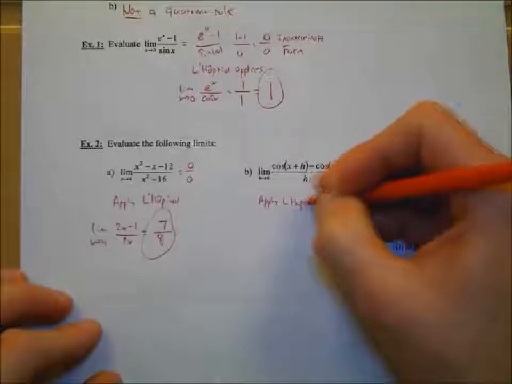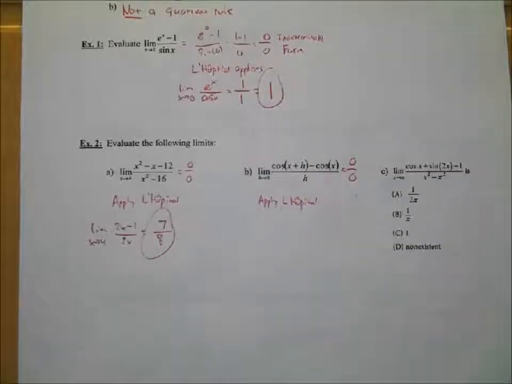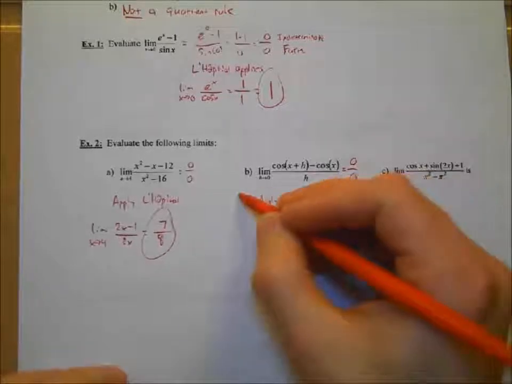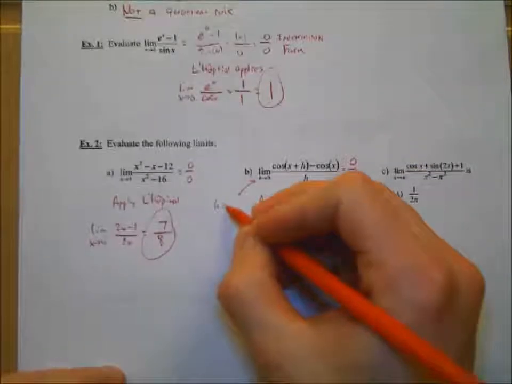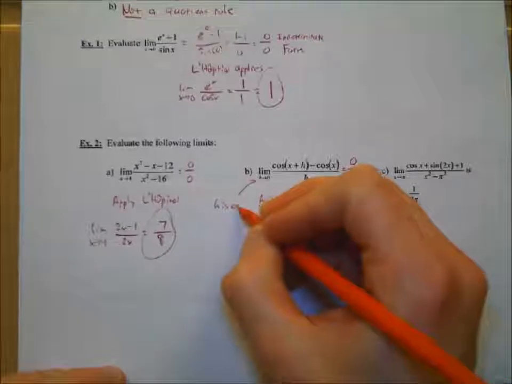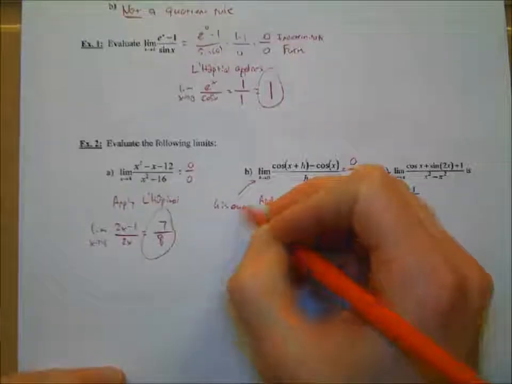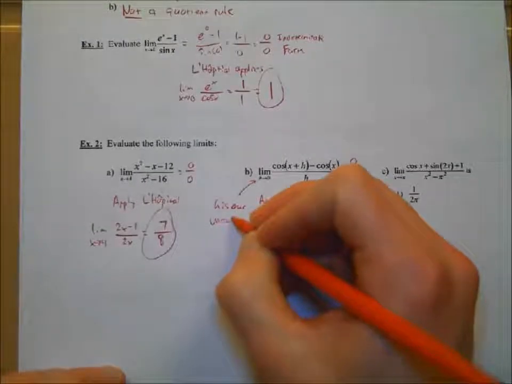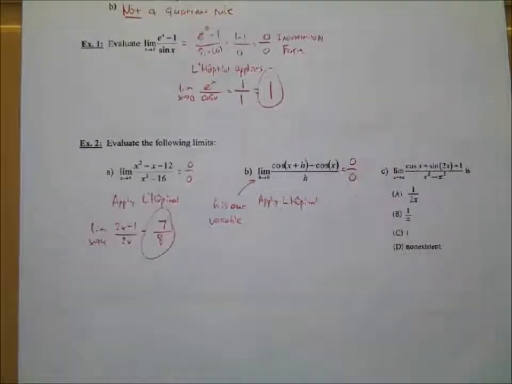Same thing here. We can apply L'Hopital to this too. Again, we know this is going to equal 0 over 0. Keep in mind here that h is our variable.